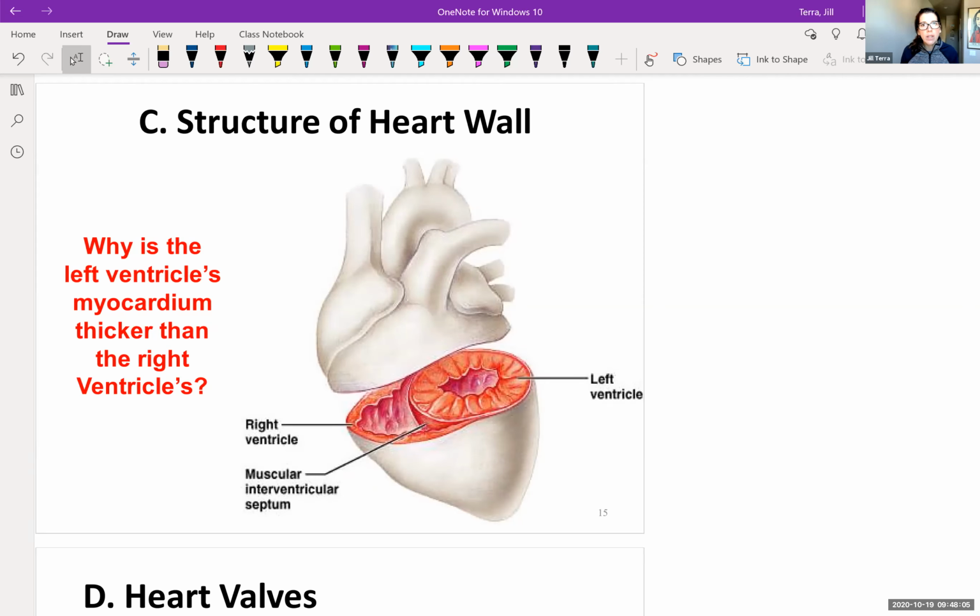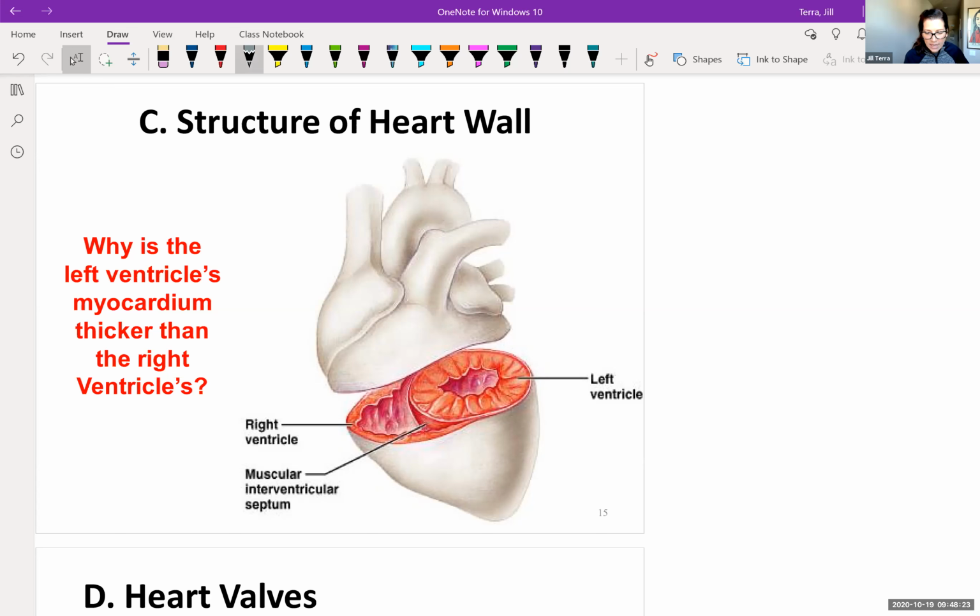And I think we talked about this a little bit already, but if we take a cross section of the heart and actually look at the thickness of the myocardium or the muscle tissue, right, we can see that the left ventricle's myocardium is much thicker than the myocardium of the right ventricle. And so why is this?